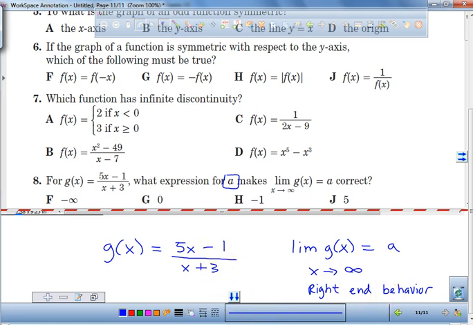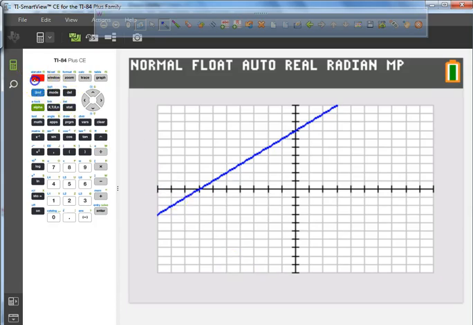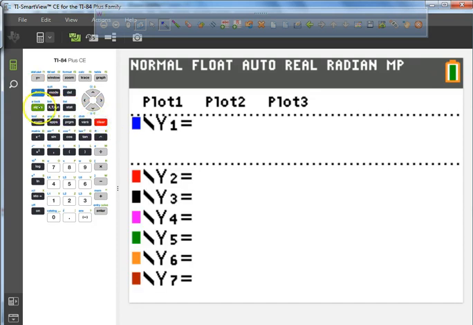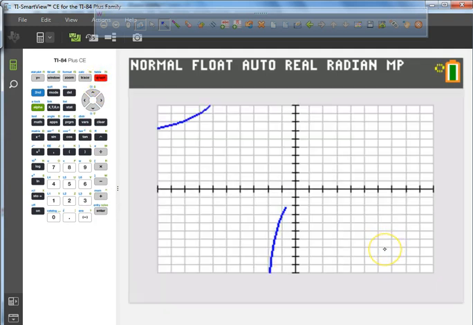Type that into your graphing calculator. Y equals. Type in 5x minus 1, then go down here and type x plus 3. Let's hit the graph button and take a look at it.